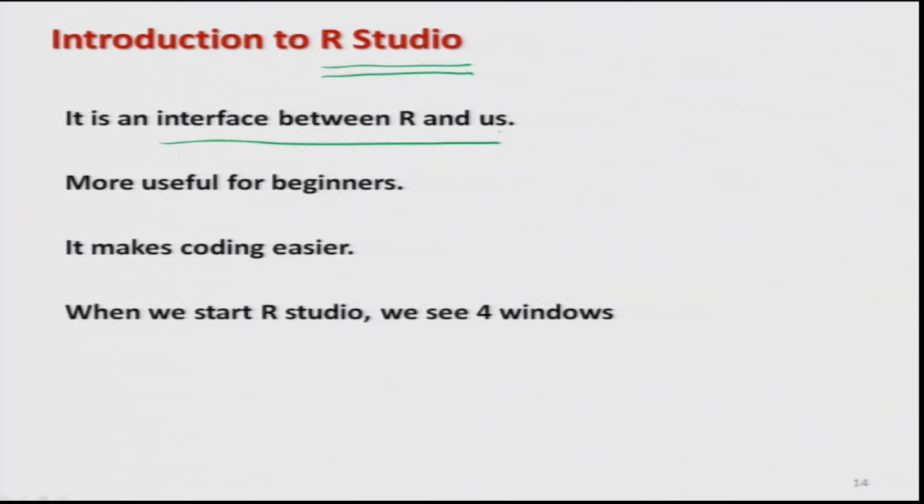Whatever information is contained in R, whatever executions are being done in R, they can be seen through RStudio also, and usually it is more helpful to work in RStudio rather than working directly in the R software. Particularly if you are beginning to learn R, this is more helpful because you can see each and every thing right before your eyes in a single shot.